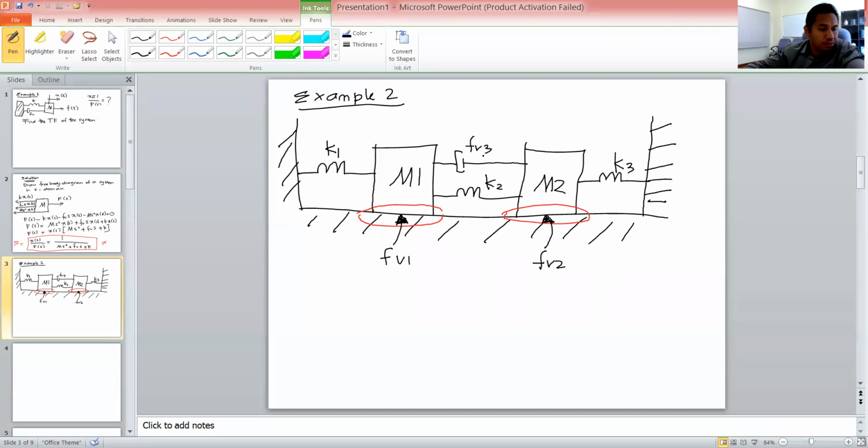So, okay, we need to draw the free body diagrams. We have M1.